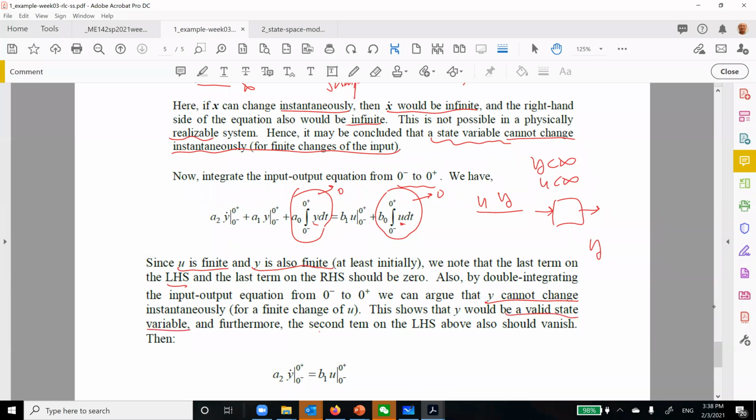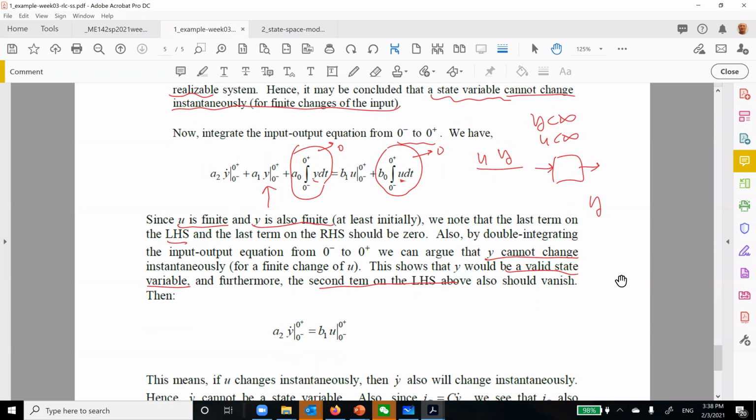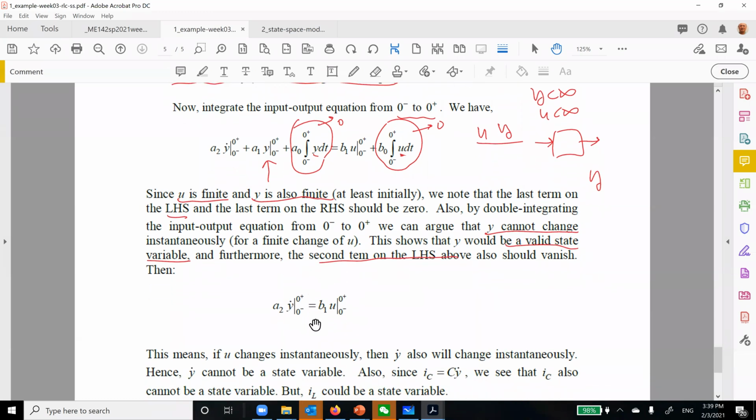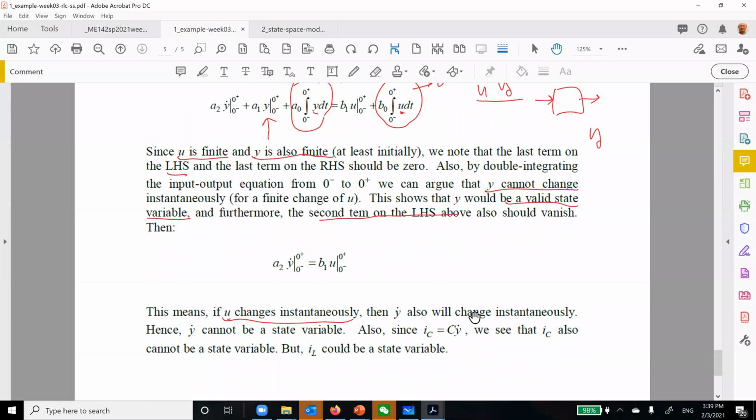The second term here should also vanish, which is true, because you have y dot integration. Because you have a u dot, if u changes instantaneously, like a step, then y dot will also change instantaneously.